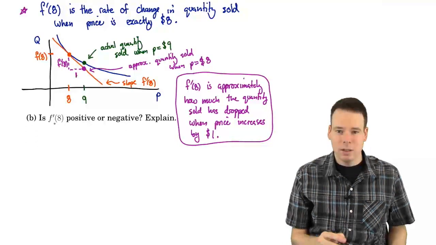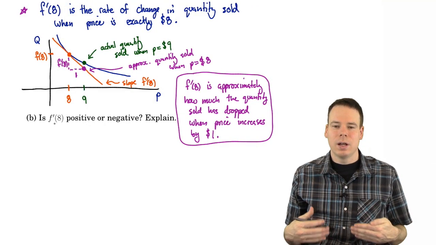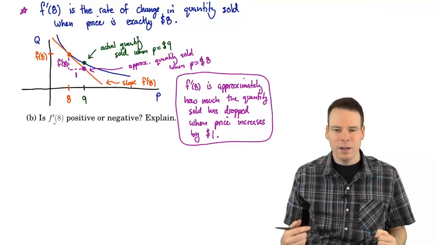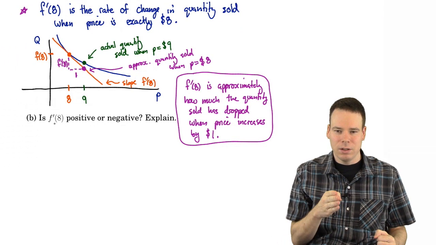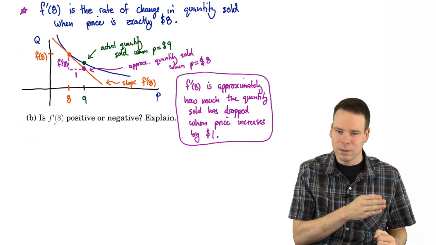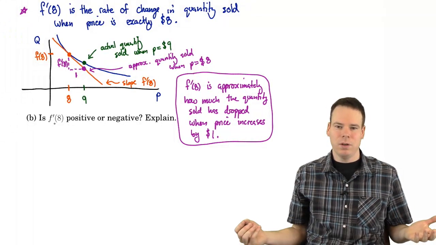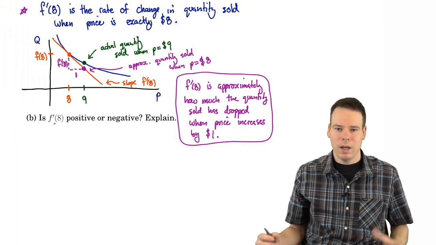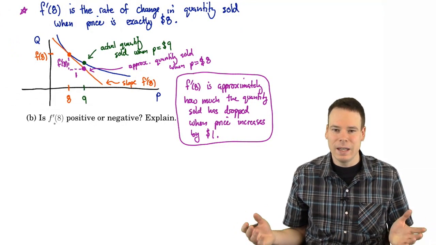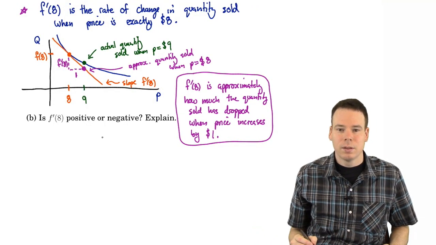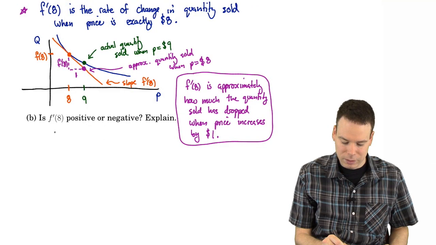Well, f prime of 8 is supposed to tell us how the quantity changes when you increase the price. If I increase the price, starting at $8, to $9, I expect to sell less coffee. I expect the quantity that I sell to drop. After all, you're probably going to lose customers. You're not going to gain any customers by increasing the price, probably, so you expect to sell less quantity.